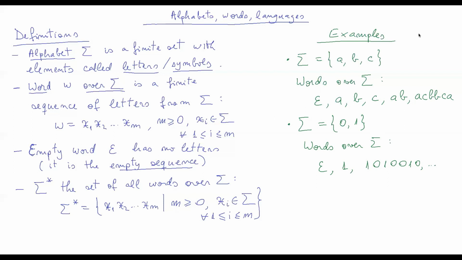And I want to give you now another definition. I want to define the length of a word. So if I have a word W to be x1, x2, ..., xm, for some m greater than or equal to 0, and with xi being letters.